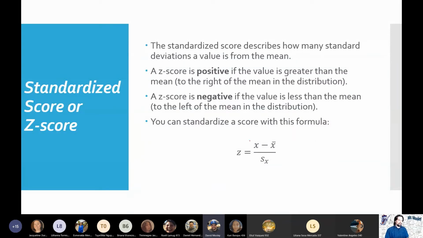The x here is an observation. It's one of the values from our data set. The x bar, right here, this is the mean of the sample.